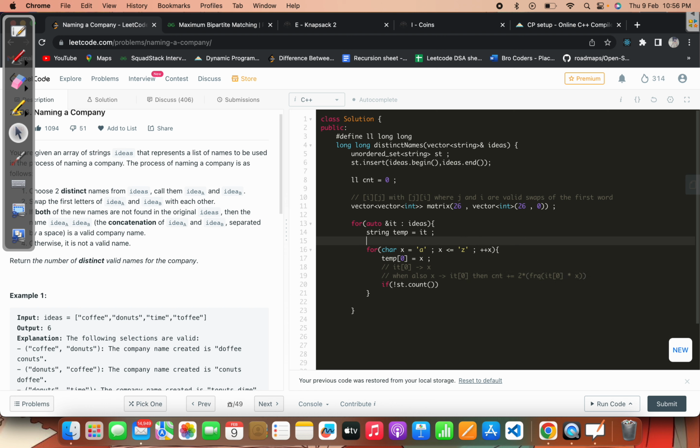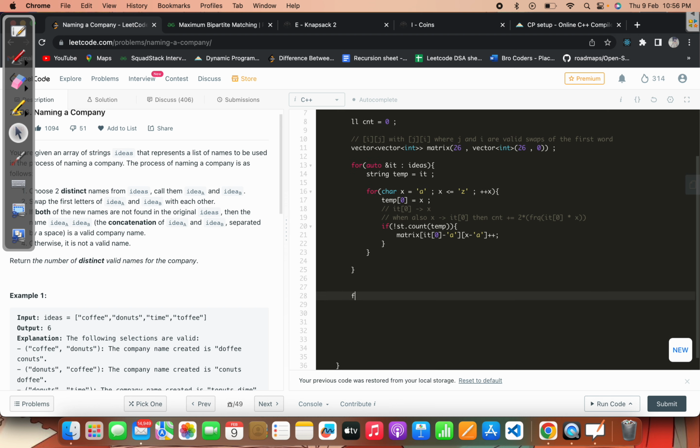Because it's possible that for the same letter we are changing the same letter in many words. Okay, so let's try it. If it's not present, then we will increment matrix it 0 and temp 0, it 0 minus 'a', x minus 'a', sorry, 'a' plus plus. So that's how we will fill our matrix.